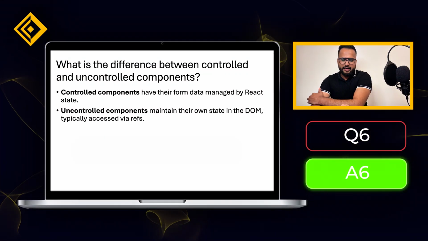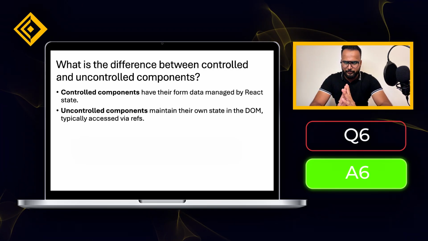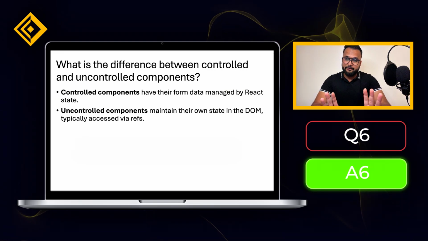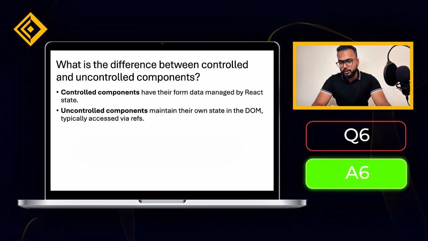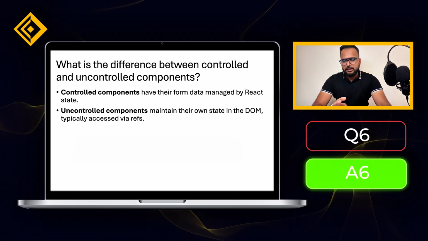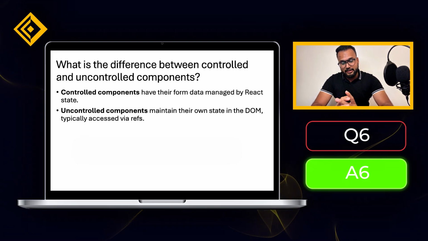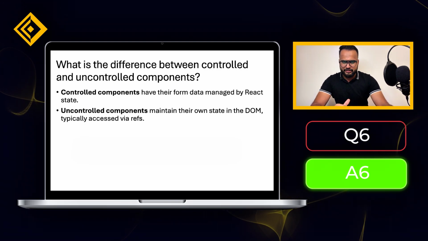You can access an uncontrolled component with refs by using this.ref, or for example, you can save the reference and read ref.current.value. We explained all these things in our React series, you can go back and view it, or I'd recommend you start from the beginning, that's better. You can still get the value using the useRef hook, or you can store the reference of the component in your state and get the values. With controlled components you can get the value directly from the state because it's managed within the state.